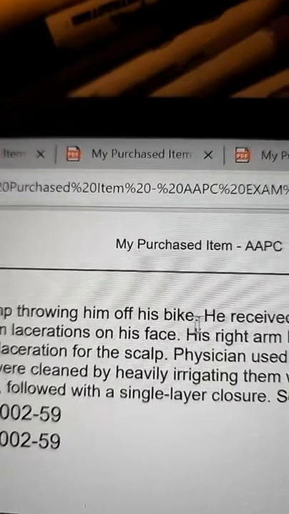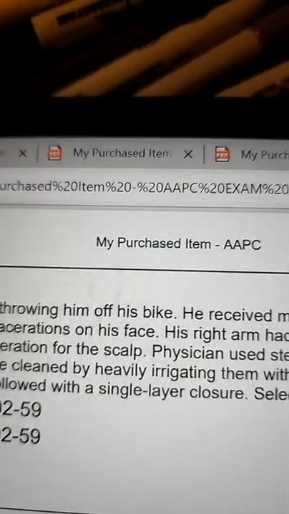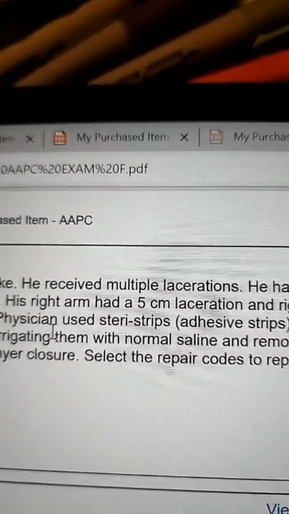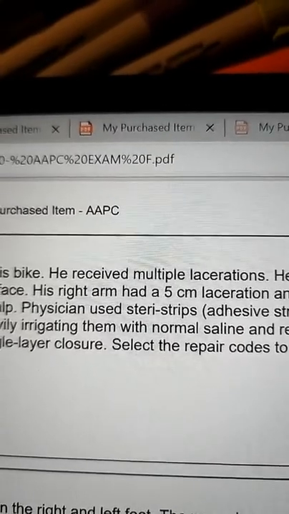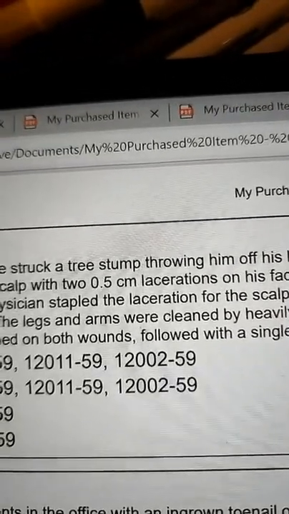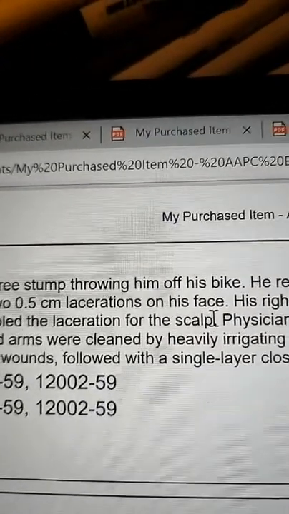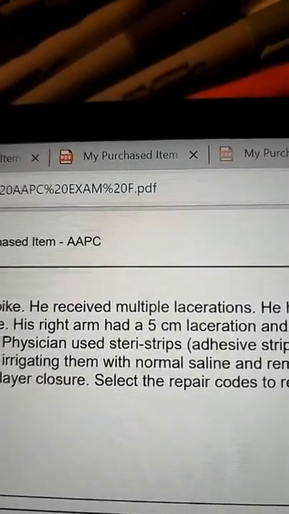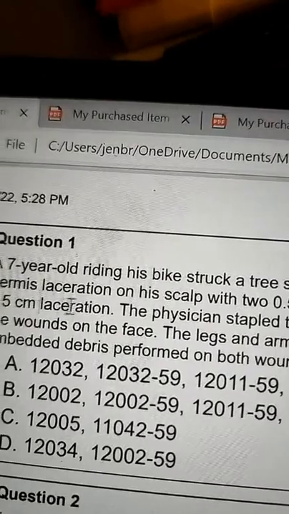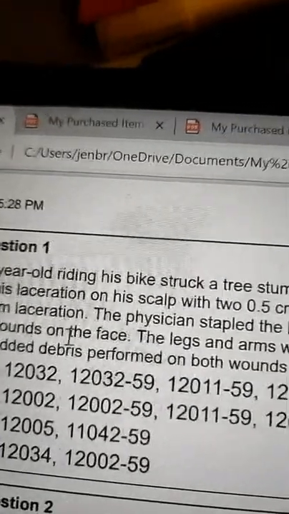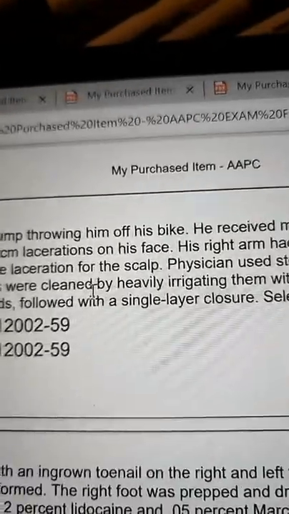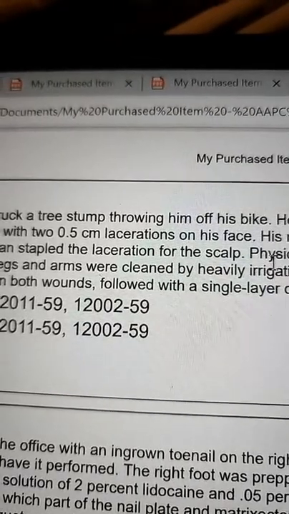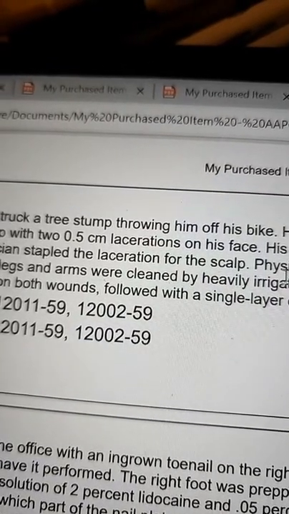Laceration on the face, and then the legs, and they ended up stapling the scalp, so they didn't do any sutures, and they used steri strips on the wounds on the face, so there wasn't even anything to code for the face for that part. It's not that one. Okay.